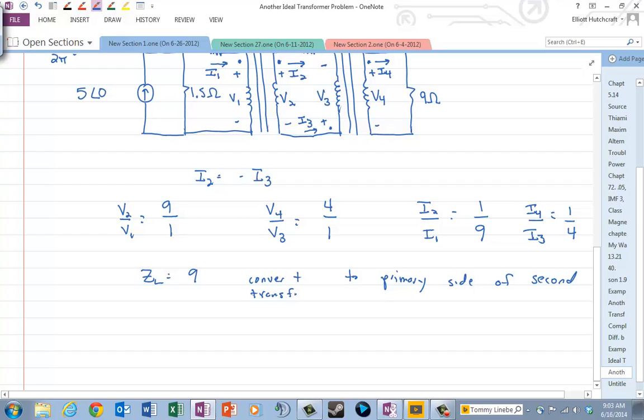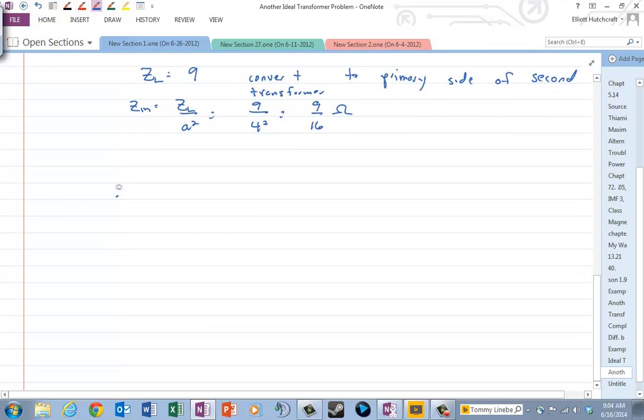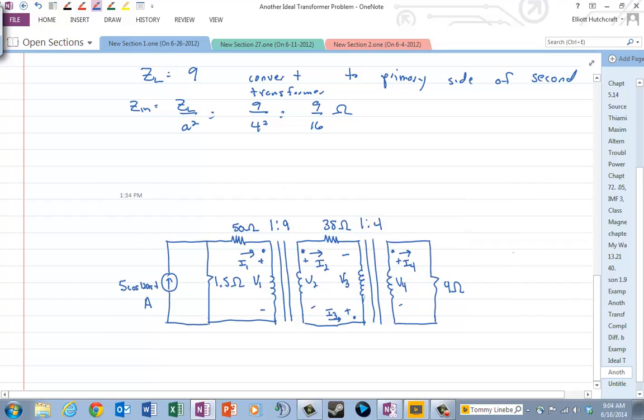So we need to know its ratio, and its ratio is 4. The formula is Zn equals ZL over A squared, so that would be 9 over 4 squared, so 9/16 ohms.